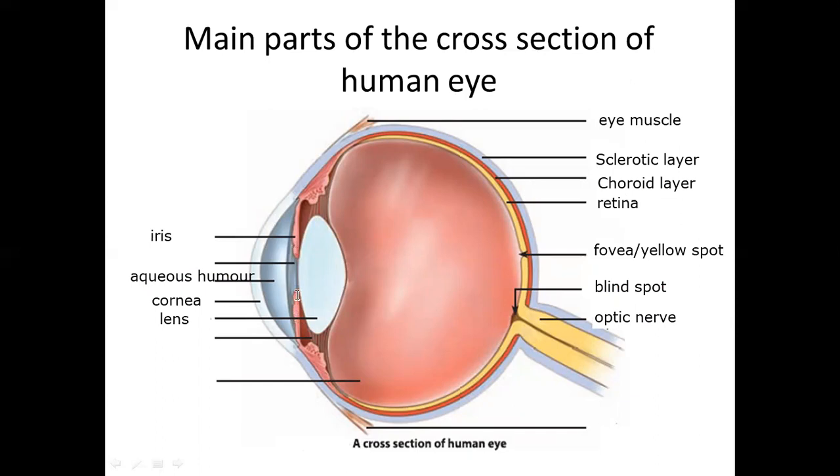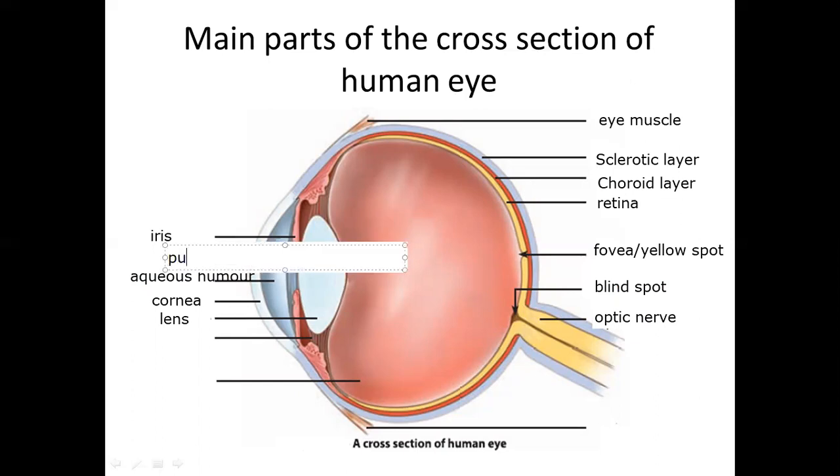This is like a digital camera, where we can adjust the size of the aperture. The same thing is done by the iris. In the center of the iris, you will find a hole-like part. This is known as the pupil.